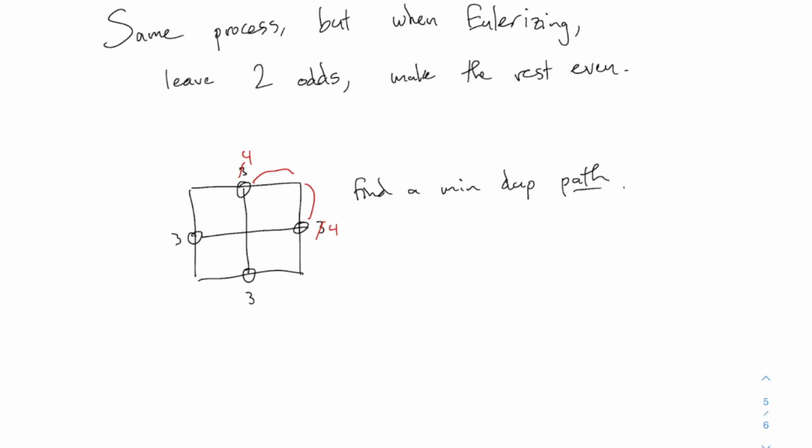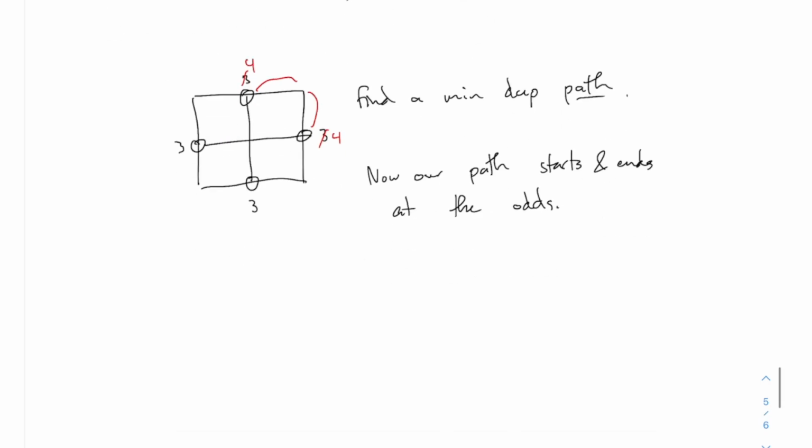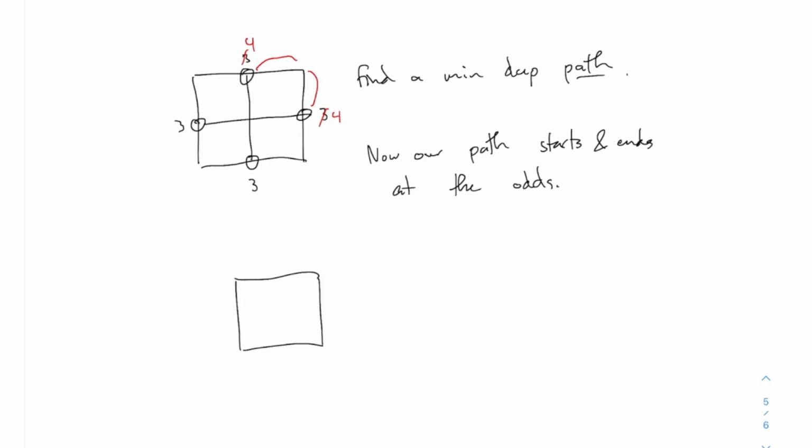So this time, now, our path, remember, has to start and end at the odds, right? And it's going to duplicate those two red edges. So in this case, maybe I start at this one, and I'll go around here.